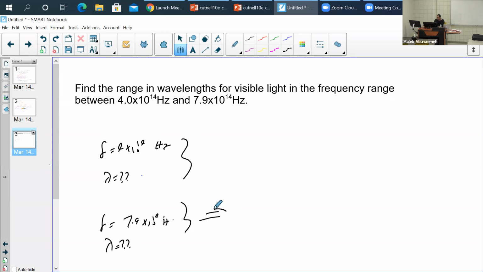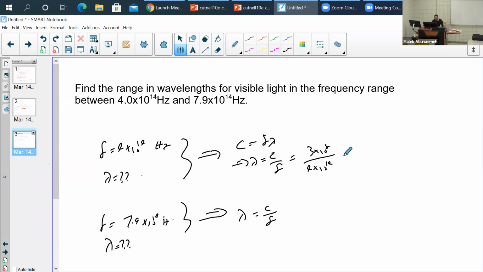Now, in both cases, your C equals F lambda. That means your lambda equals your C divided by your F, which is going to equal 3 times 10 to the 8 divided by 4 times 10 to the 14th. Well, for this one, you should get 750 nanometers.